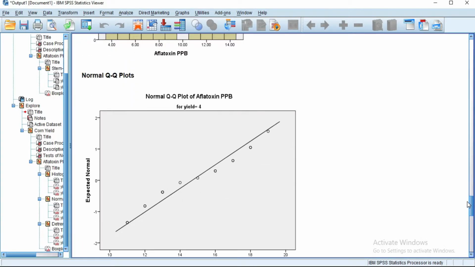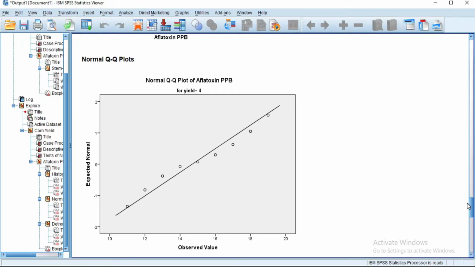For data that follow a normal distribution, these points are very close to the line, this diagonal upward sloping line. If these points are very close to this line, that is an indication that your data follow normal distribution.